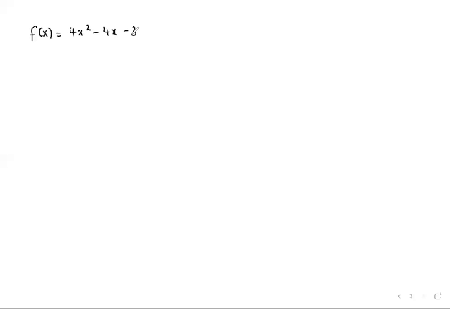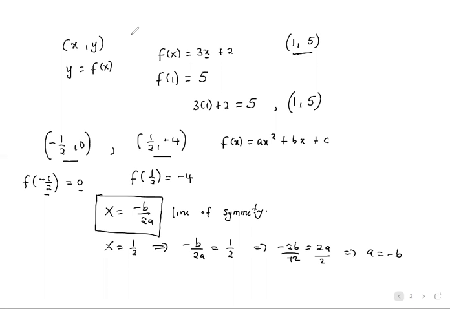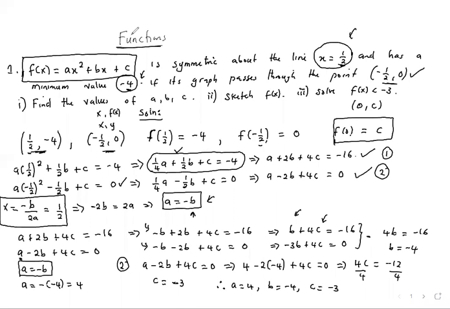I'm going to ask if you can take a screenshot. Sorry, but I don't understand. Where has the line of symmetry about x is equal to half been used? Where have you used it? We have used it here. We have also used it here.